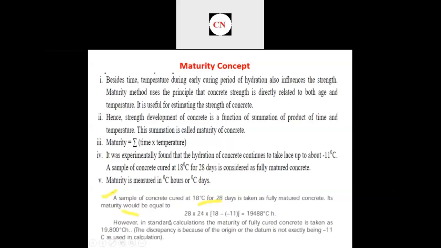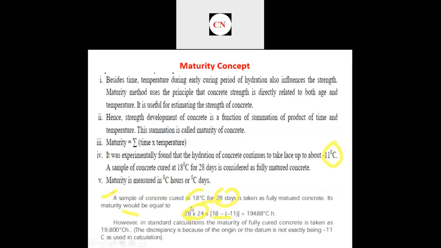So its maturity would be equal to 28 days, that is 28 into 24 hours, times the temperature effect, which has to be considered by taking minus 11 degrees centigrade as a benchmark, as I said.